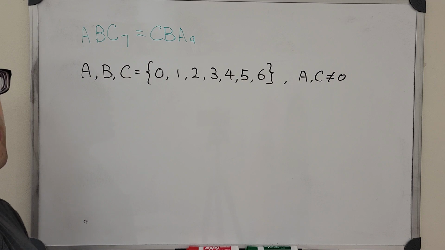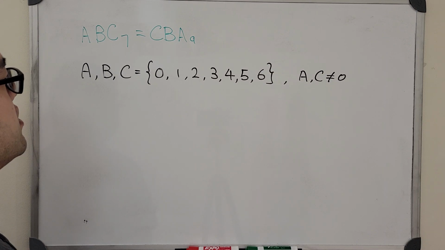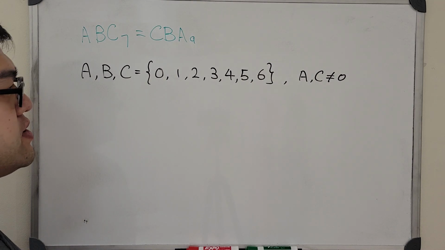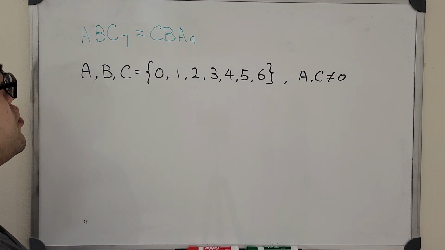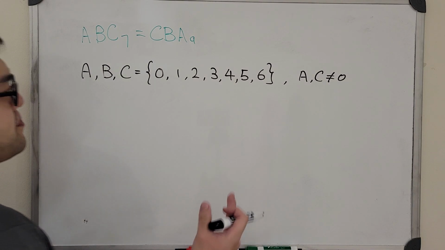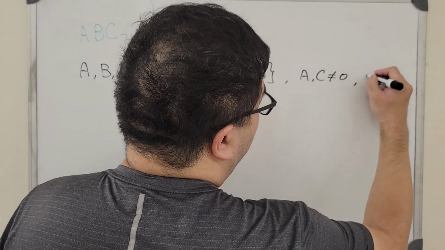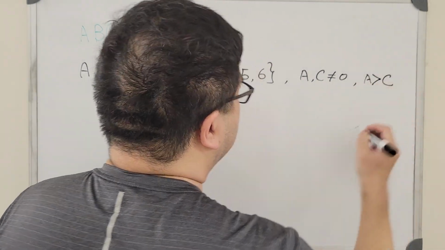And no, it will actually end up with a contradiction even if B is equal to 0, because if we assume that A is equal to C, we will have 1B1 equal to 1B1 in 2 different bases, which is not true by the definition of how the expression works. So we have A has to be strictly greater than C.